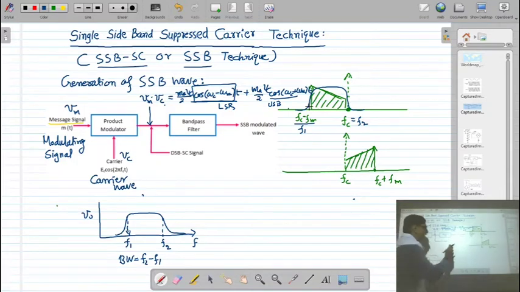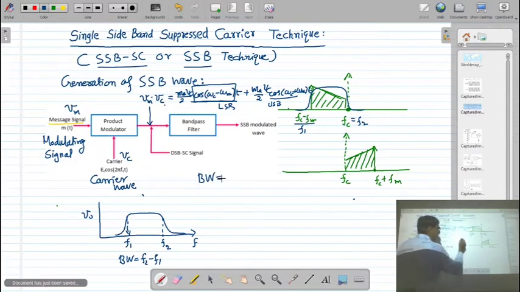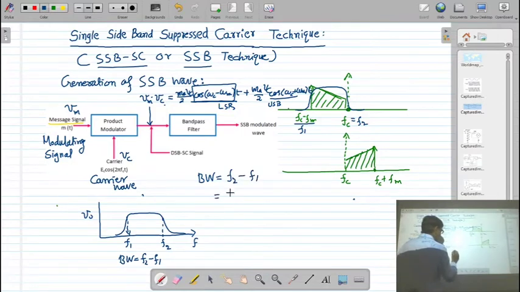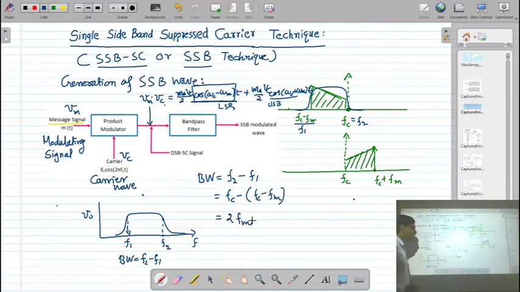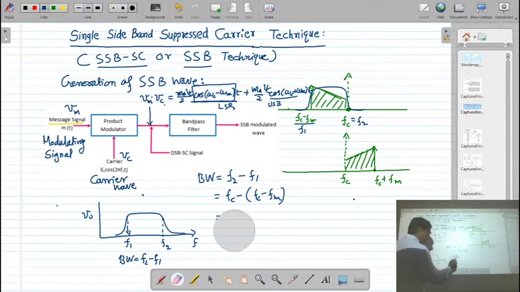If we calculate the bandwidth, it is the maximum frequency minus the minimum frequency, that is F2 minus F1, Fc minus (Fc minus Fm), and this bandwidth comes out to be Fm.